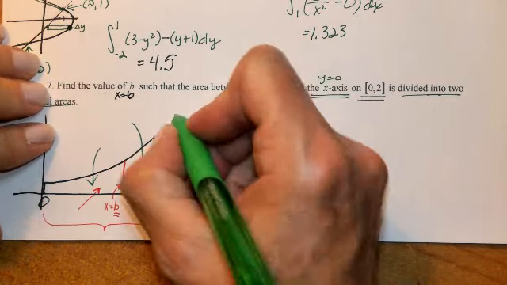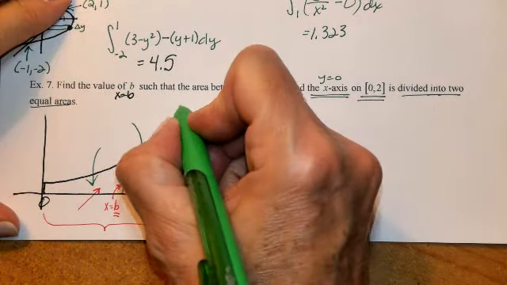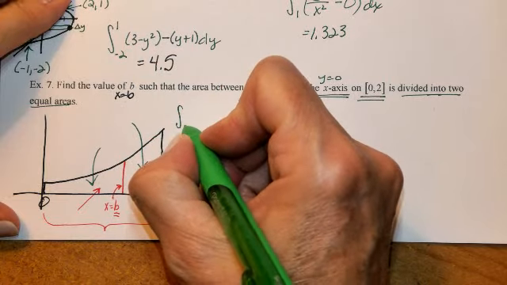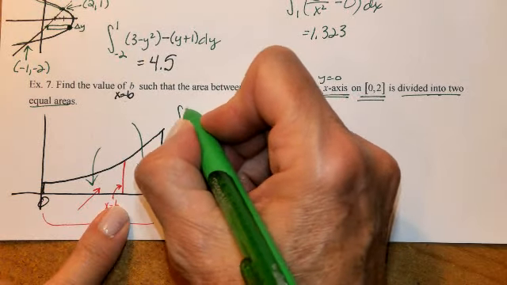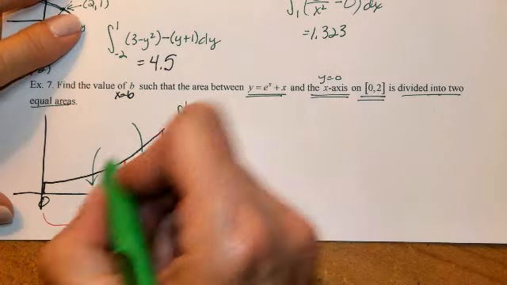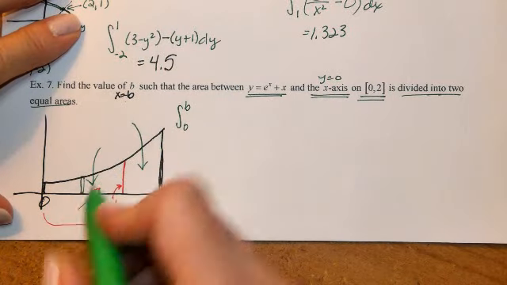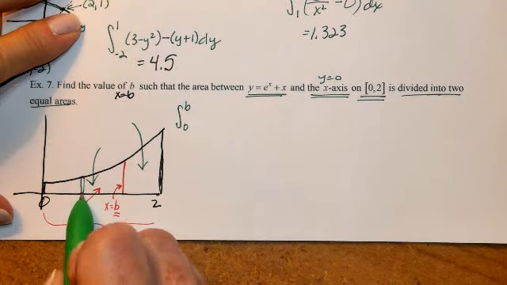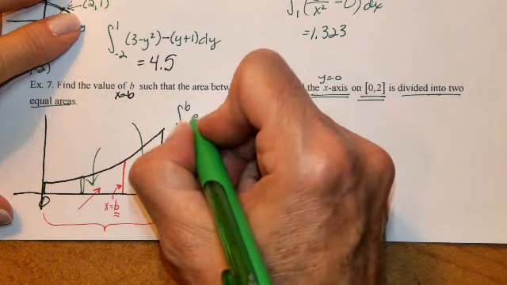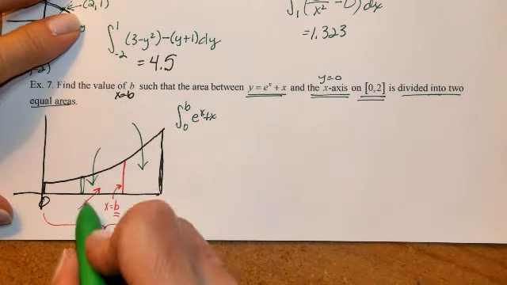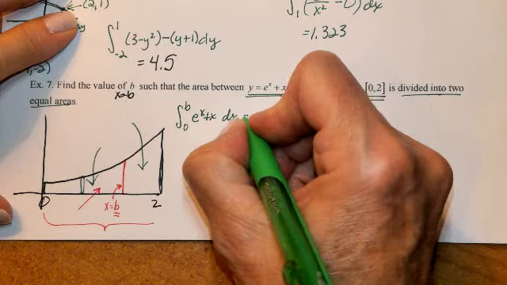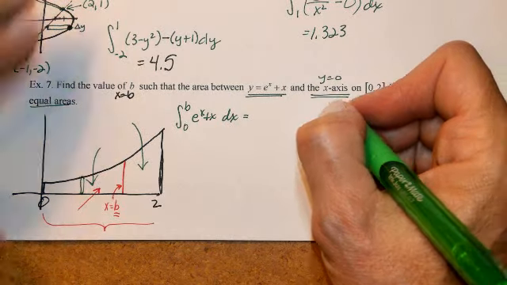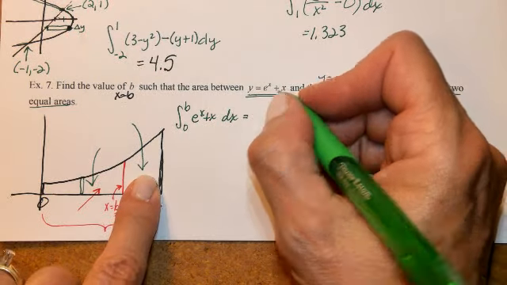So for this side, it would be the integral from 0 to b, right, of, where's our rectangle? Top minus bottom. So e to the x plus x minus 0 dx, and that would equal this area.